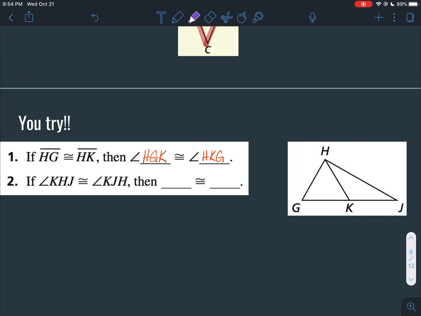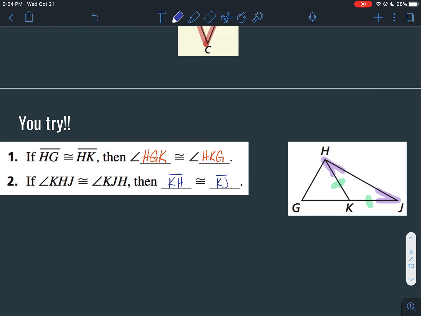It says if angle KHJ, so KHJ, it's this angle here, KHJ, is congruent to KJH, so KJH, this angle here, then, so if the base angles are congruent, then the legs will be congruent. Okay. So KH is congruent to KJ.